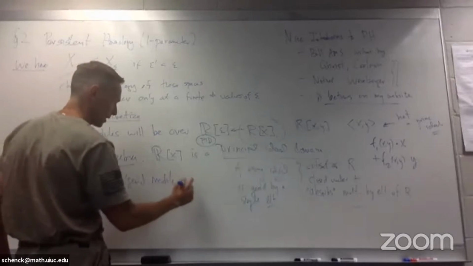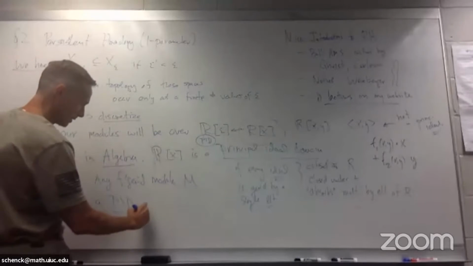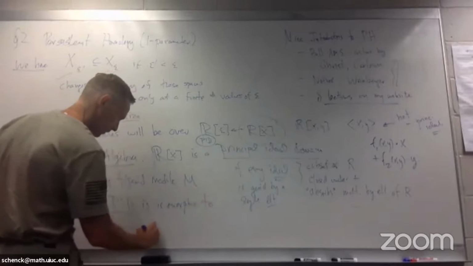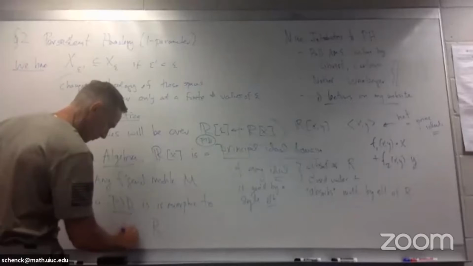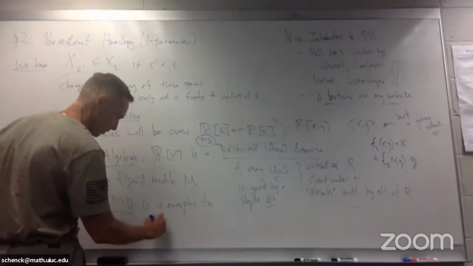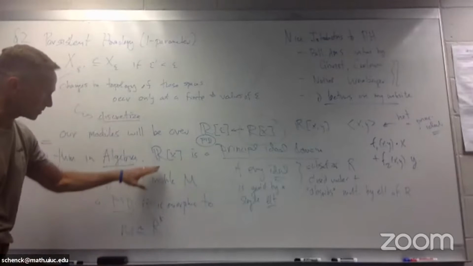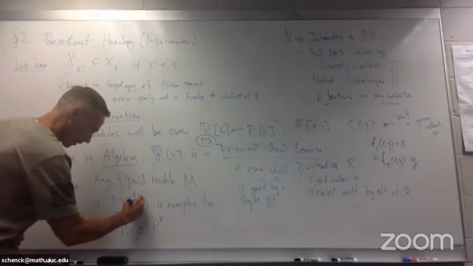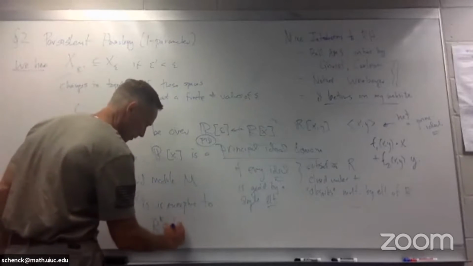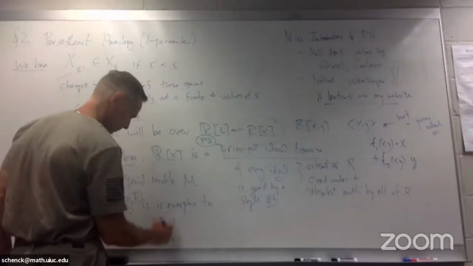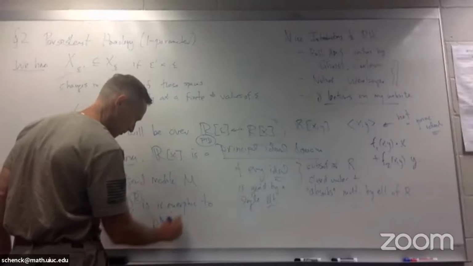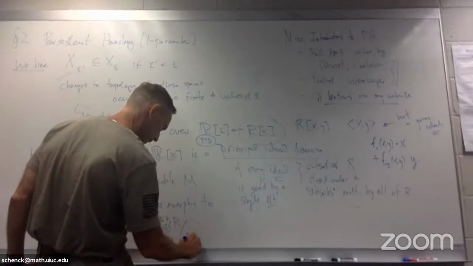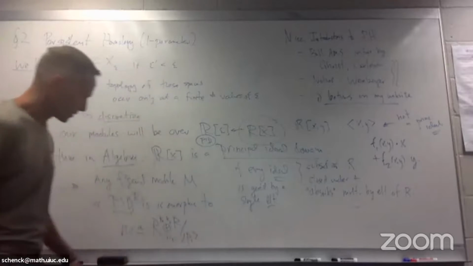Let's give the module a name, M. Over a PID R, M is isomorphic to a direct sum of copies of the ring, R^k, and copies of R modulo an ideal, say (p_i).